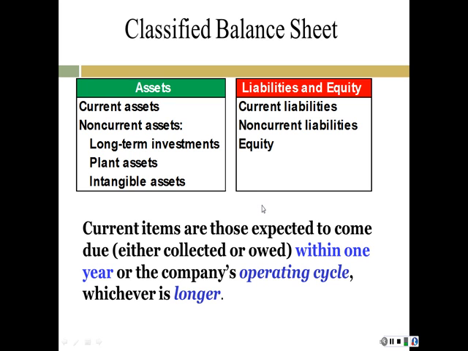So accounts payable, unearned revenues, and wages payable are all classified as current liabilities. Non-current liabilities are long-term liabilities such as a long-term loan or a note payable which is due beyond 1 year. So this is how we categorize current and non-current.